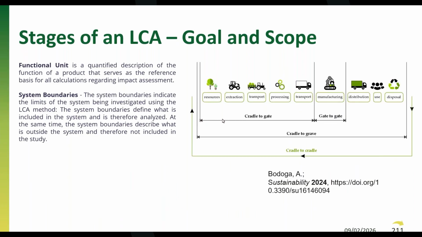And the shortest one would be cradle to gate, where we go from resources to transport for the manufacturing place. And we have cradle to grave as well, which goes from resource to disposal. So the life cycle assessments that I'm going to be presenting forward are cradle to gate.